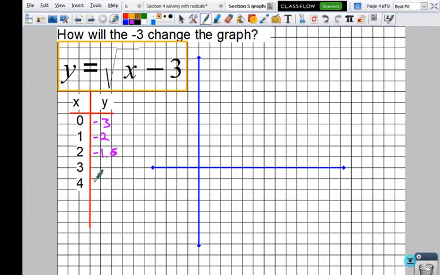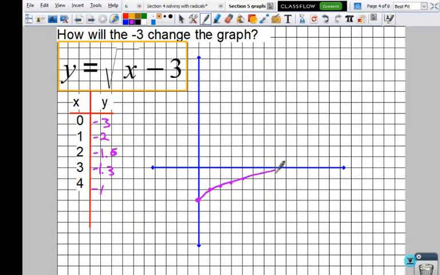Do we round it? Negative 1. Gabe, what'd you get for 4? Negative 1. Alright, let's graph this real quick. So 0, negative 3; 1, negative 2; 2, negative 1.6; 3, negative 1.3; and 4, negative 1.